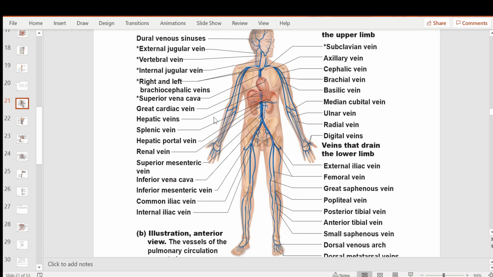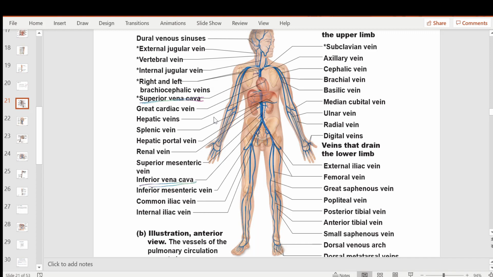As I told you, two large veins bring the blood into the heart: superior vena cava and inferior vena cava. These two veins finally bring the blood into the heart, and the right atrium of the heart receives the deoxygenated blood from the superior and inferior vena cava.